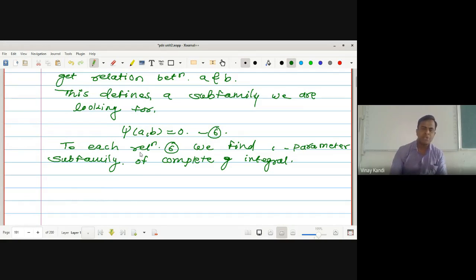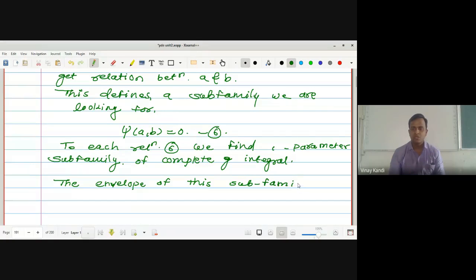Okay, so what did we do? From the complete integral, using that equation, we came to a one-parameter family. And the envelope of this family, if it exists, is a solution of the partial differential equation. The envelope of this subfamily, if it exists, is a solution.